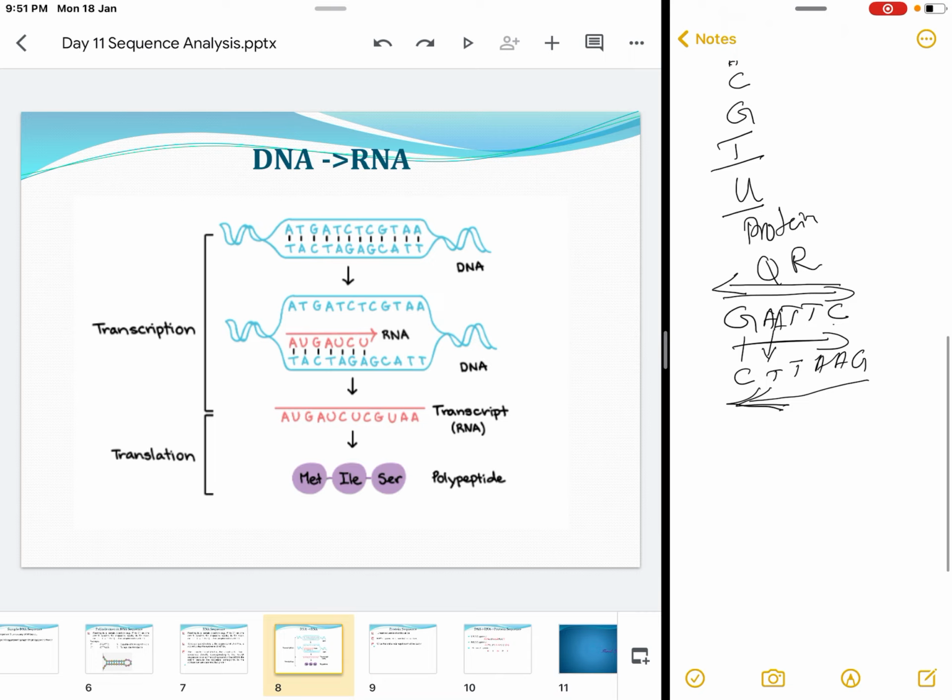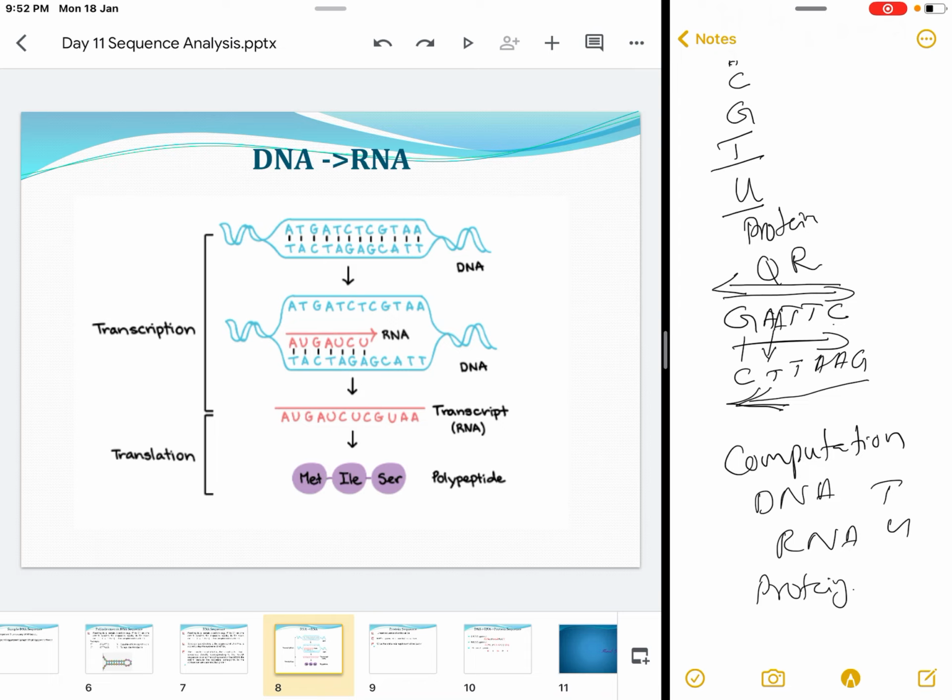Computationally, we can calculate the sequence derived from a DNA sequence as RNA just by replacing all the T's by U. And from the RNA sequence we can derive the protein sequence by making the codons, as we have seen in the previous class, with any possible combination by taking the ORFs, and we can prepare the corresponding protein sequence from the RNA sequence.